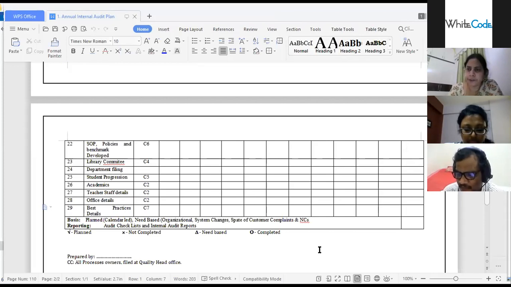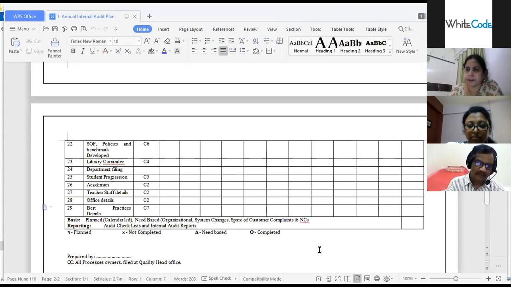Or if you feel you need a check after 6 months, then put your audit at 6 months and see whatever progress has happened in 6 months. Is it moving towards a successful direction or not? Or does it require a few more strategies to be followed to complete in a proper manner? That you will understand if you put it at 6 months. And for a complete one, you put it after 1 year.